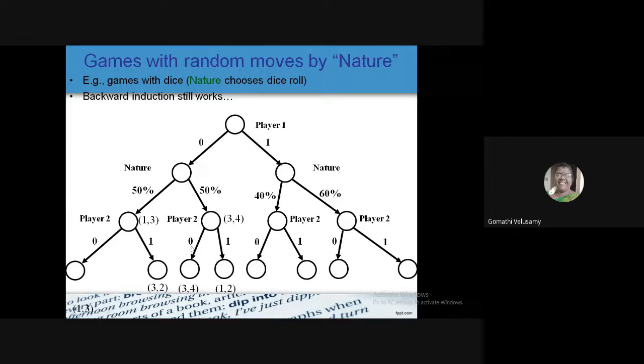The values are taken as 1 plus 3, 4, divided by 2, so the score is the average, 2, and 3 plus 4, 7, divided by 2, you get 3.5. Like that the scores are assigned on the intermediate nodes, and finally, between player 1 and player 2, whoever has the highest score is assumed to be the winner of the game. So this is the different strategy for random move based games.